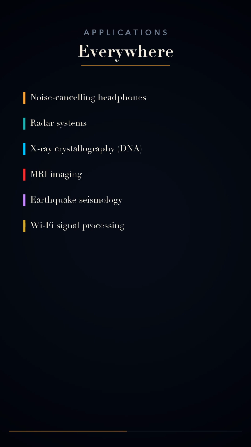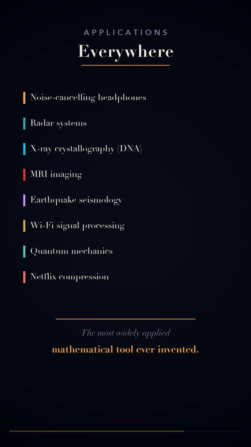MRI machines build their images by applying inverse Fourier transforms to radio signals emitted by your hydrogen atoms inside a magnetic field. Earthquake seismology, speech recognition, Wi-Fi signal processing, quantum mechanics, the analysis of ocean tides, the design of bridges, the compression of Netflix streams. All Fourier.